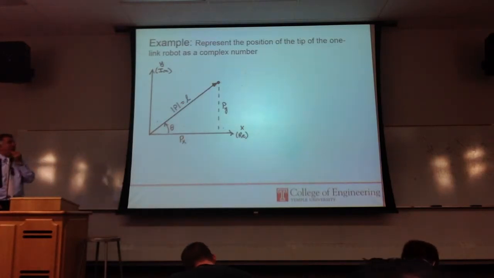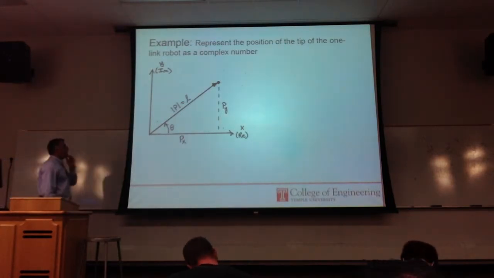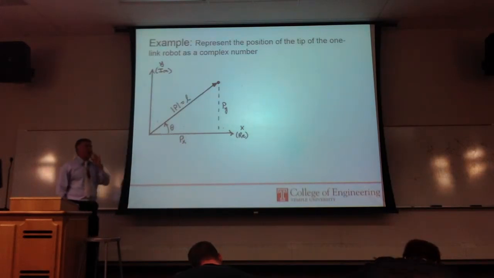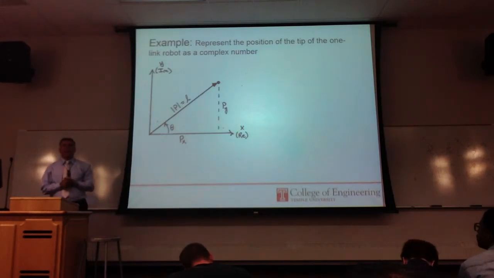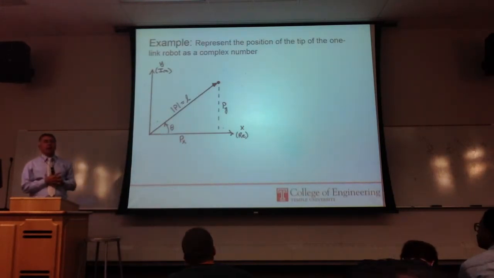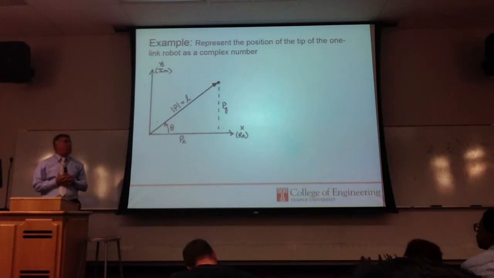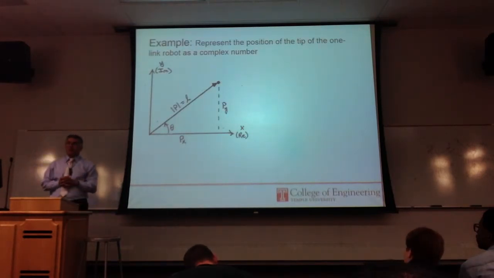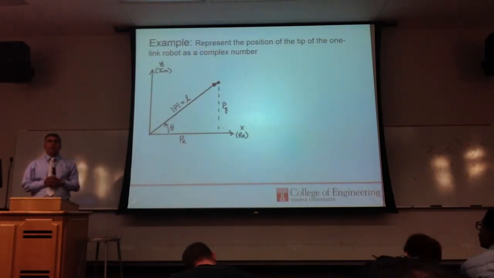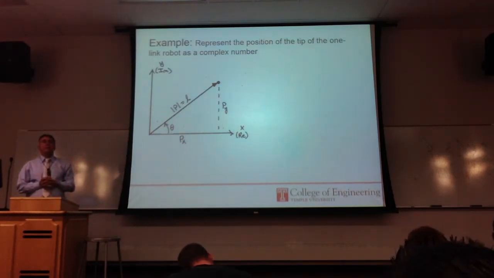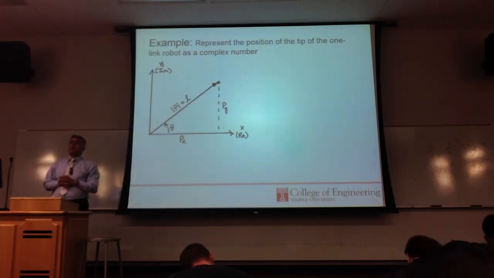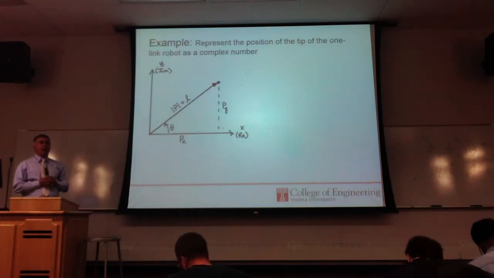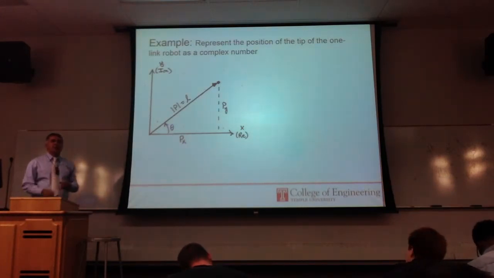If I want to describe the position of the tip of that one-link robot using px and py, with the knowledge that we have, if I want to show it in I and J, how would I describe the position? Position P bar. What does that equal to? Come on, somebody take a crack at it. Using px and py, what is the position of P?